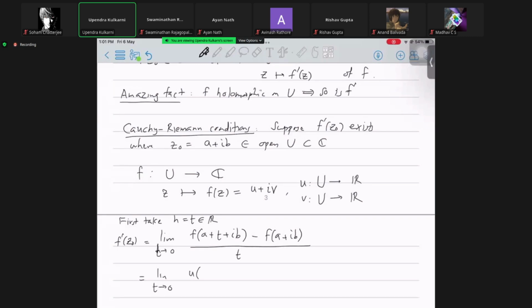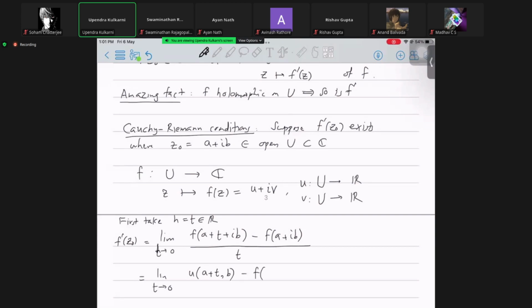So what is the real part of this? This is the real part of a plus t. And let us think of this as a subset of R2, because I want to connect this with partial derivatives of these component functions. So that's what I have.